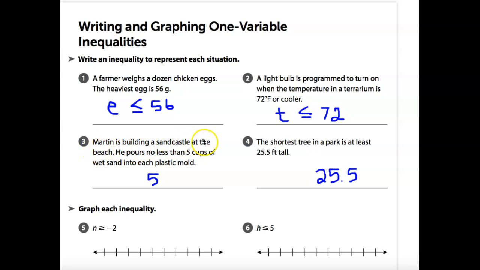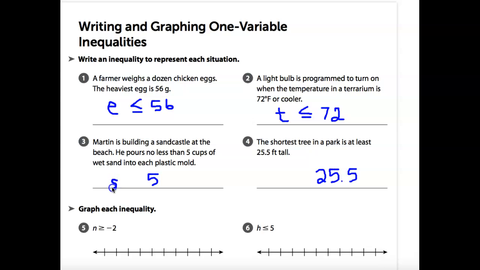So Martin is building a sandcastle at the beach. He pours no less than 5 cups of wet sand into each plastic mold. Okay? So we need to know, we are solving for sand. Okay? All right, so Martin is building a sandcastle.